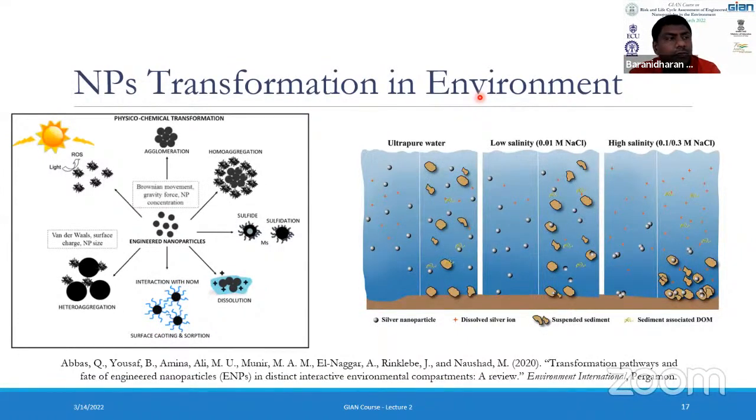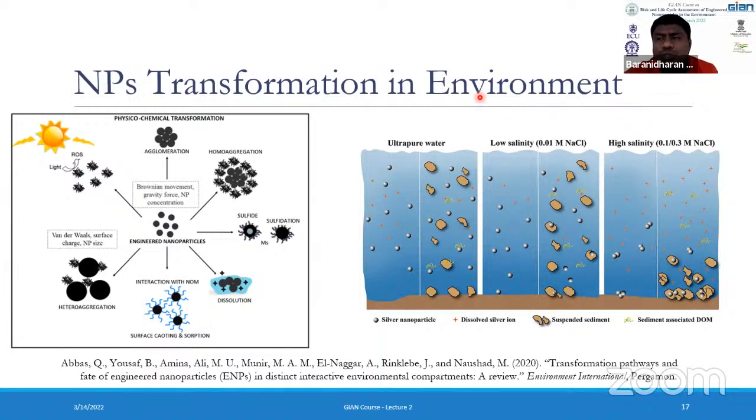So again, we have seen the sand dunes. Let us not explain with respect to the nanoparticles, but with respect to the sand dunes, or otherwise the delta formation. That is one such classic example. The surface water has very tiny particles and very low ionic strength, and then the sea has a very high ionic strength.